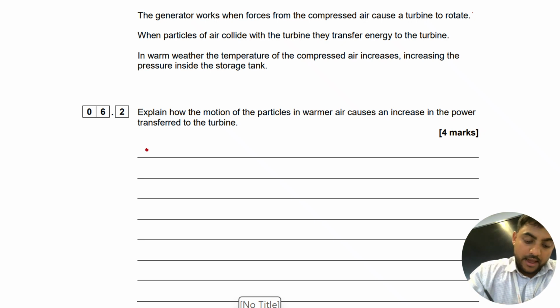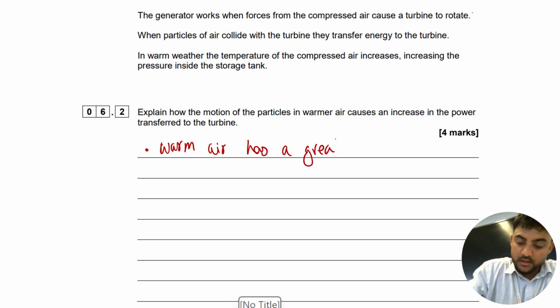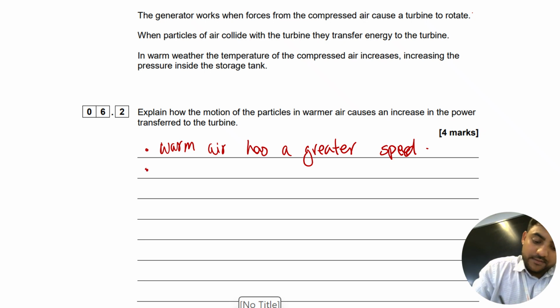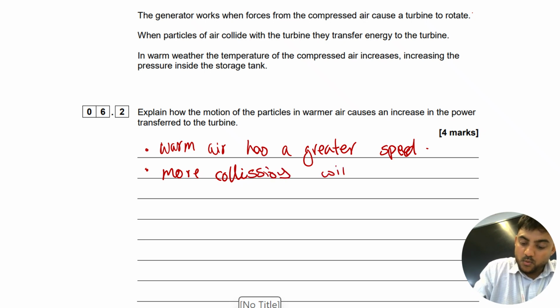So in warm air, the particles have a greater speed. Okay, so if that's the case, there's more particles coming out of the tank, so more collisions with the turbine per second.